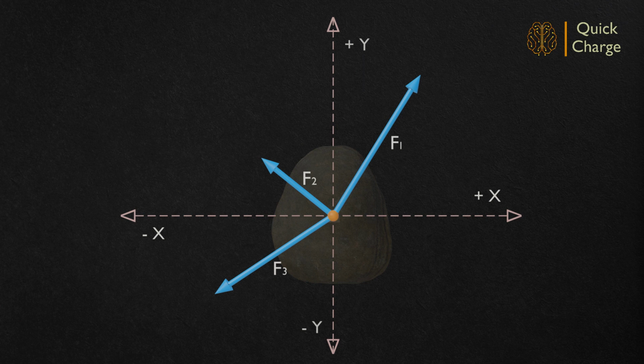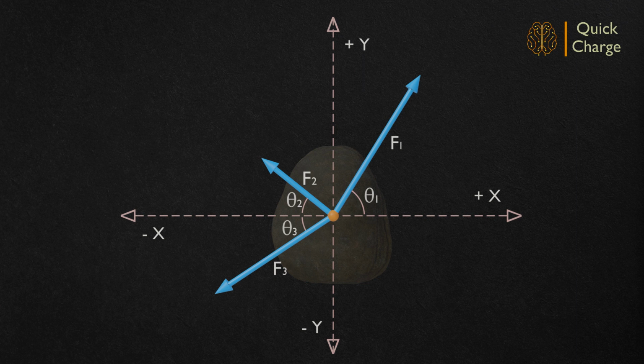Forces F1, F2 and F3 are acting at angles θ1, θ2 and θ3 with the horizontal. Magnitude and direction of the resultant force need to be established using generalized method of composition.